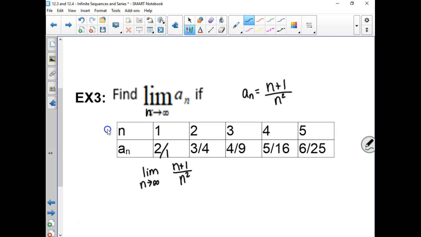What would we divide everything by? n squared. So we'll divide by n squared, n squared, n squared. So that would give us the limit as n approaches infinity of 1 over n plus 1 over n squared, divided by just 1, right?